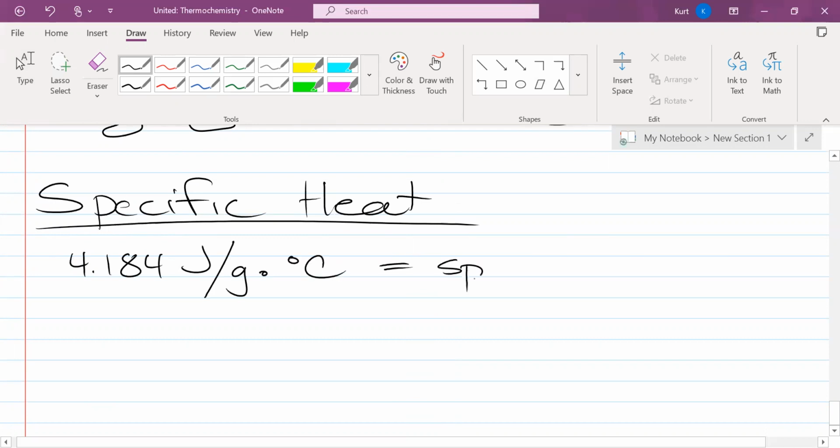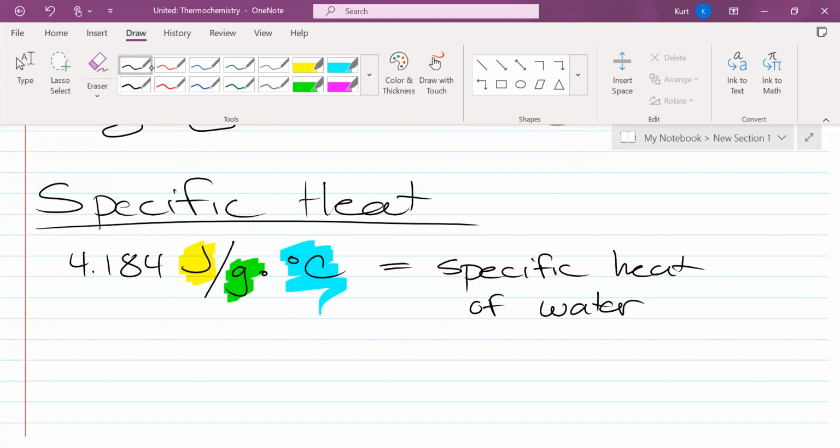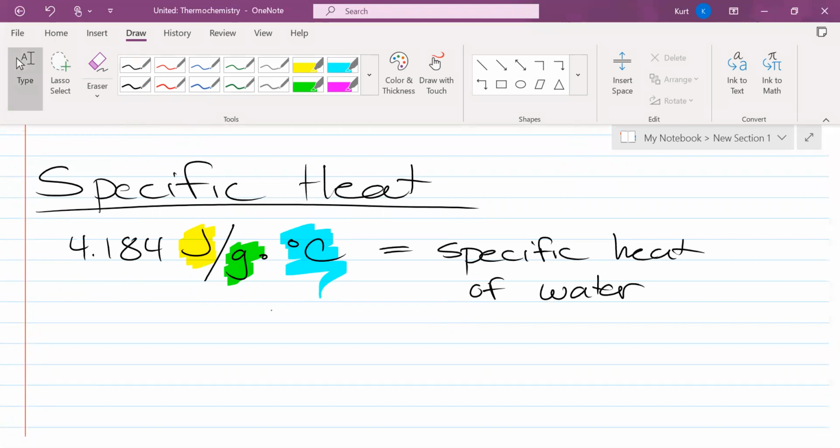This is the specific heat of water. I want to repeat how to say that unit of measurement again, everybody. 4.184 joules per gram per degree Celsius. This is a derived unit. The variable for specific heat is going to be C. C equals specific heat.